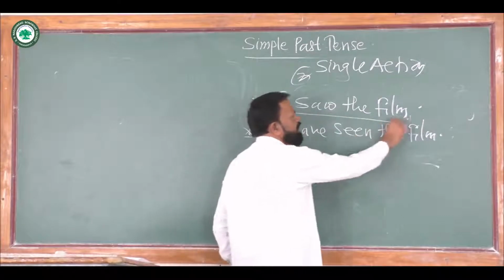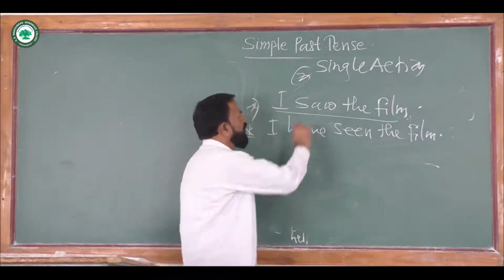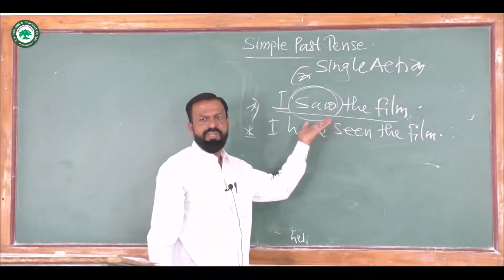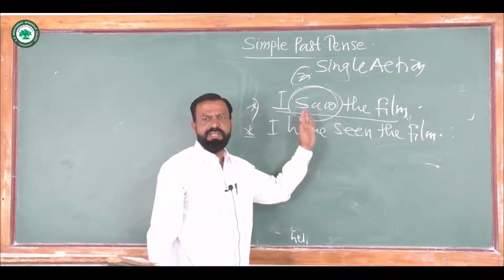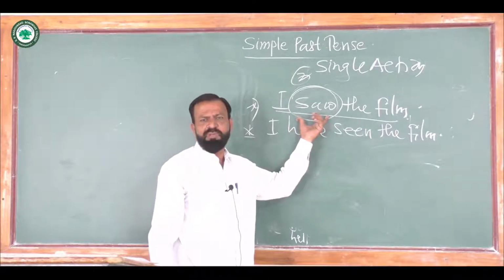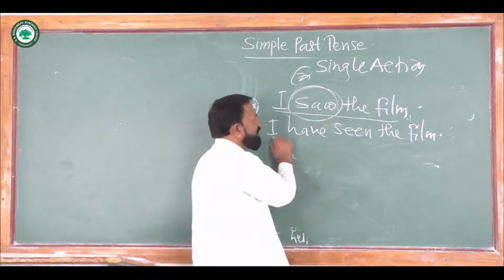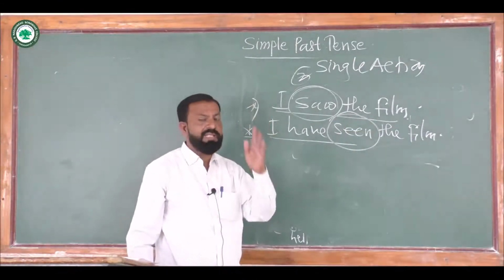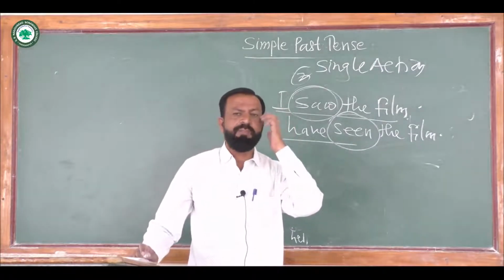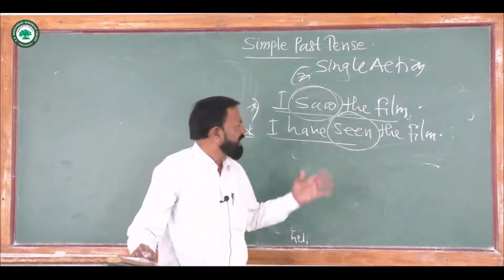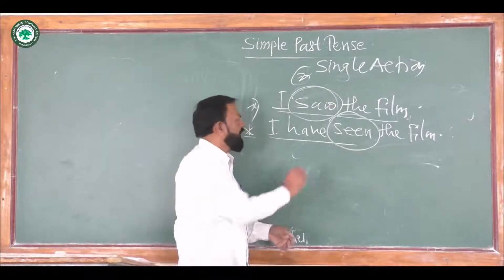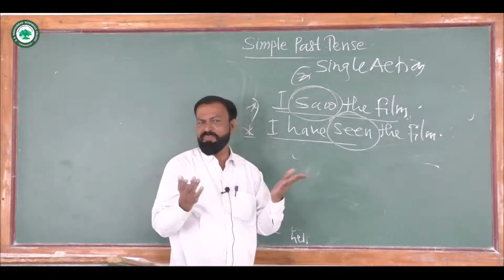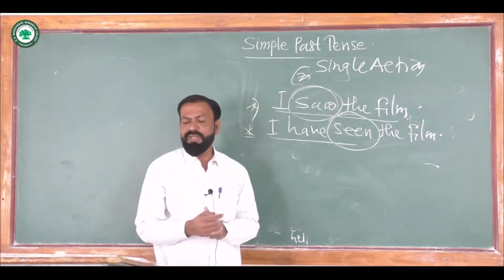But the first is simple past tense because we can easily understand that after the subject, the past tense of the verb is used, and in the second sentence the third form, or we can say the past participle of the verb, is used. See, saw, seen. And here subject plus have plus past participle means it is present perfect tense.